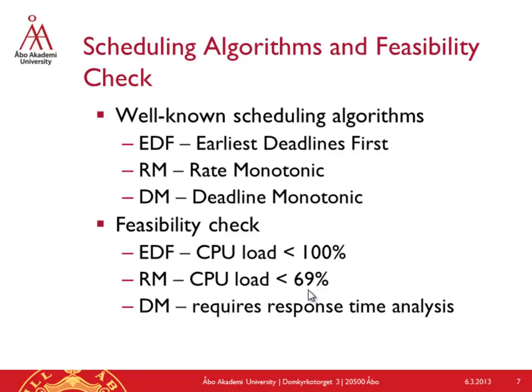For deadline monotonic, it's more complicated because it requires estimating response times for all tasks, for all task instances, and comparing them with their relative deadlines. This technique is called response time analysis, and it requires using a special algorithm to check this task set with all the parameters for feasibility.